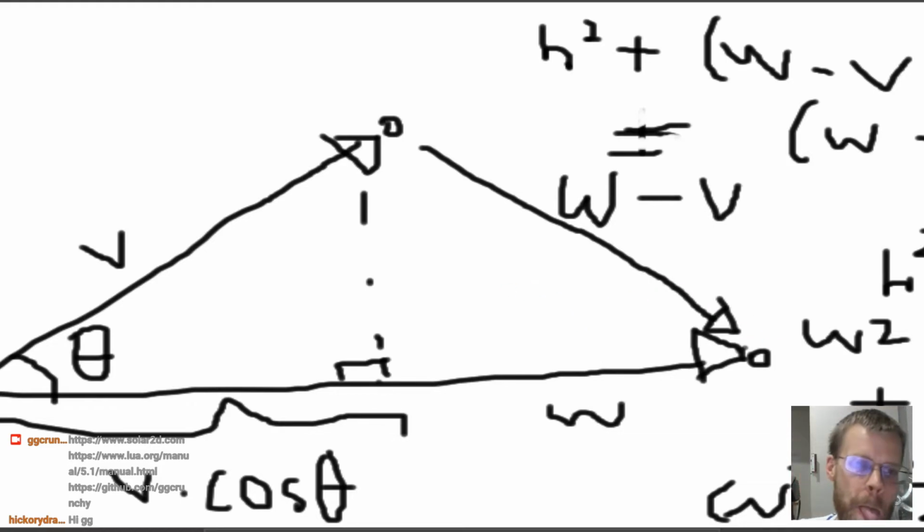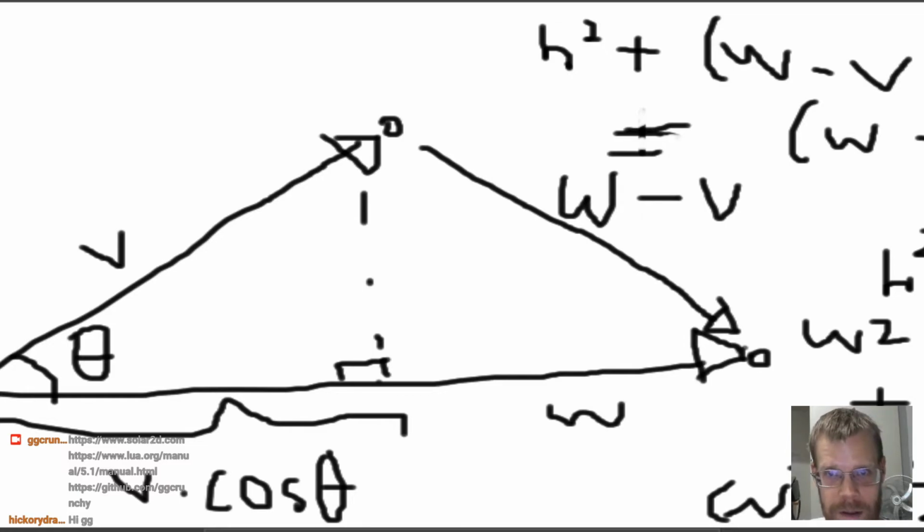So I think this is the best way to attack this now. I think the H squared, we don't care about the H squared really. We can just get rid of that. So we can move this onto the other side of the equation.